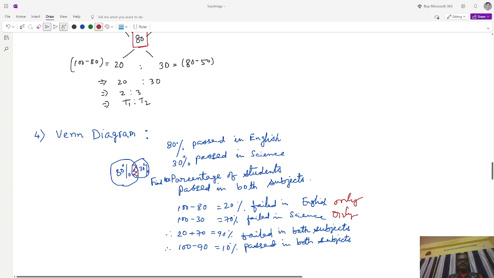Okay. So the percentage of students who passed in both subjects is 100 minus 90, equal to 10%. That is, 100 minus 80 gives 20% failed in English, 70% failed in science. So 90% failed in either English or science.